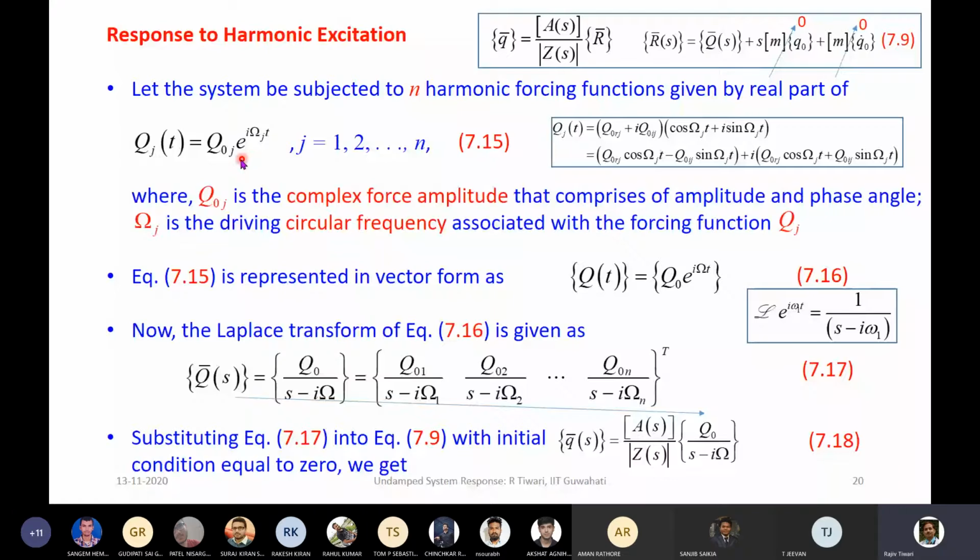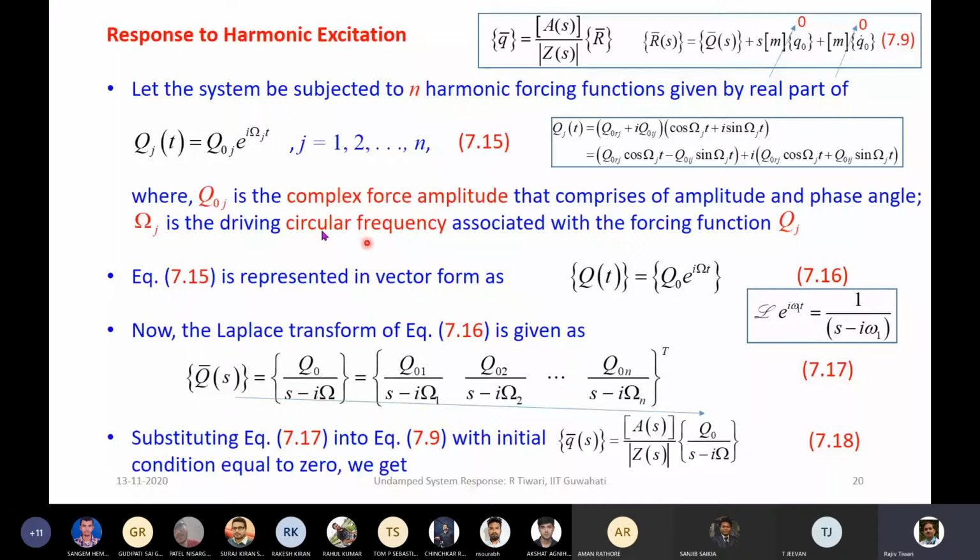Actually, the real part of this quantity has meaning to us because the force is actually real. But the imaginary part we can ignore once we get the response. The response will also be in complex form, and then the imaginary part of that can be ignored. But this complex form of the force gives some convenience in the intermediate steps in the formulation.